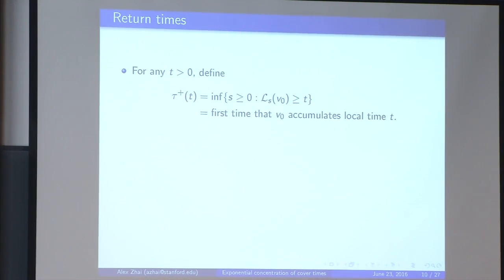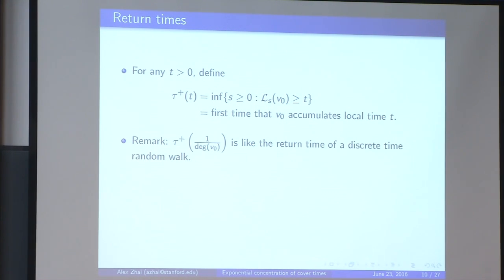That would be like t equals 1, and for t equals 2, how long does it take for me to get back to v naught twice, and so forth. I guess what I said is not exactly accurate, so I should have also accounted for that normalization factor. Really it's 1 over degree of v naught that corresponds to a single return to v naught.